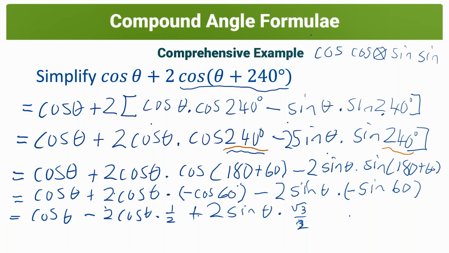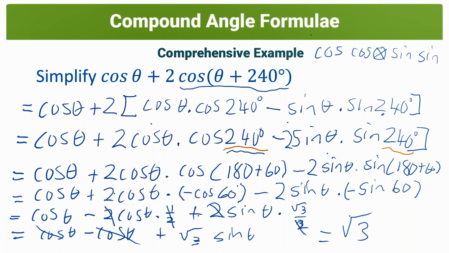So this 2 will cancel with this 2 here, which will leave us with cos theta minus cos theta plus, this 2 will cancel out with that 2, root 3 sine theta. So our final answer, because these 2 cos thetas cancel out, would be root 3 sine theta.